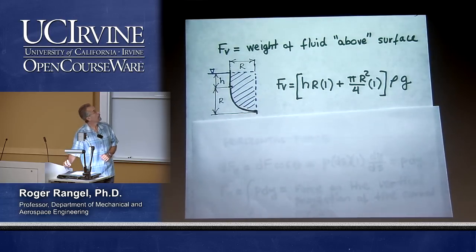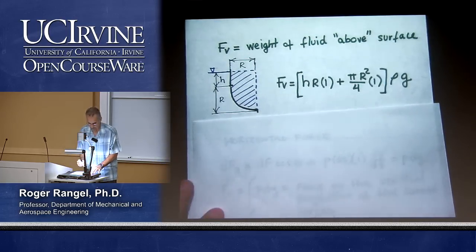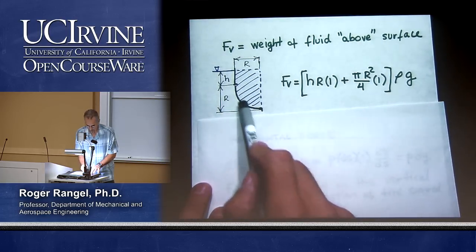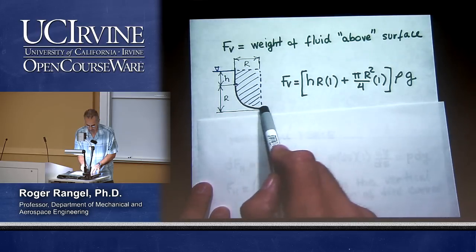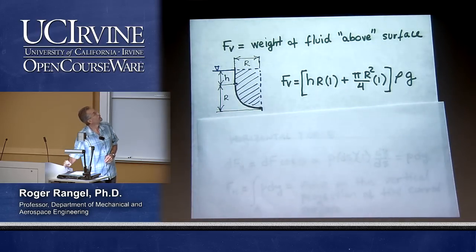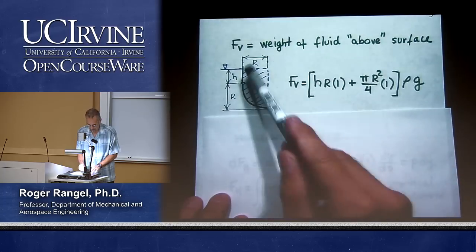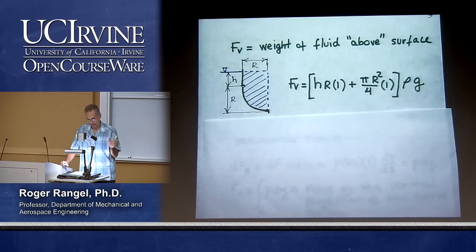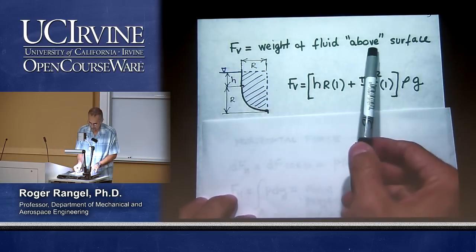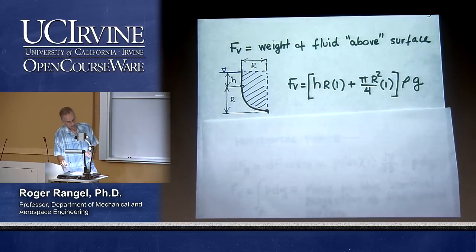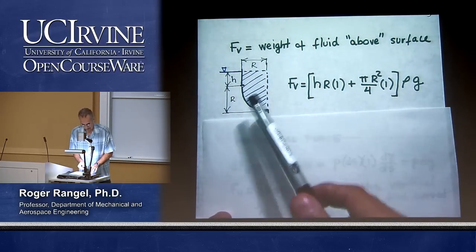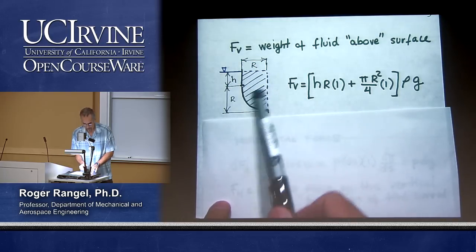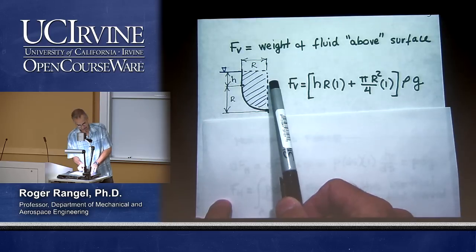If I now look at the entire portion of the surface, this curved surface is the one we're interested in computing the force on. I have shaded in blue the entire volume of the fluid that is sitting above the surface. Notice how I put "above" in quotes, because in reality there is no fluid in this region.